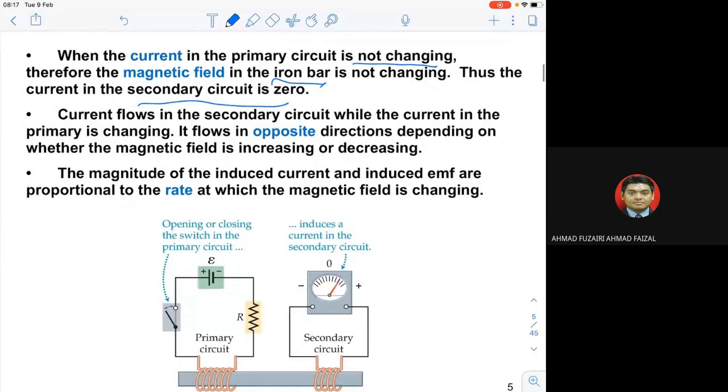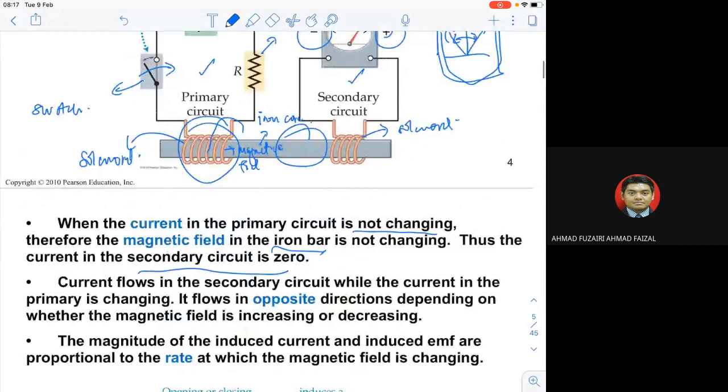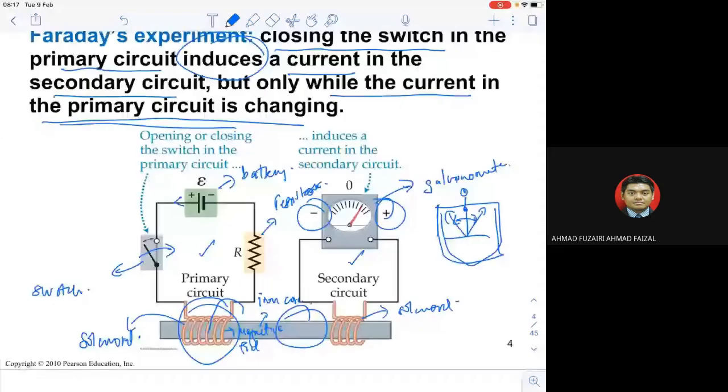So in Faraday's experiment, in order to get a current in the secondary circuit, the switch plays an important role. Why am I telling you this now? Because the switch must be used in the appropriate way. You must always change the current.